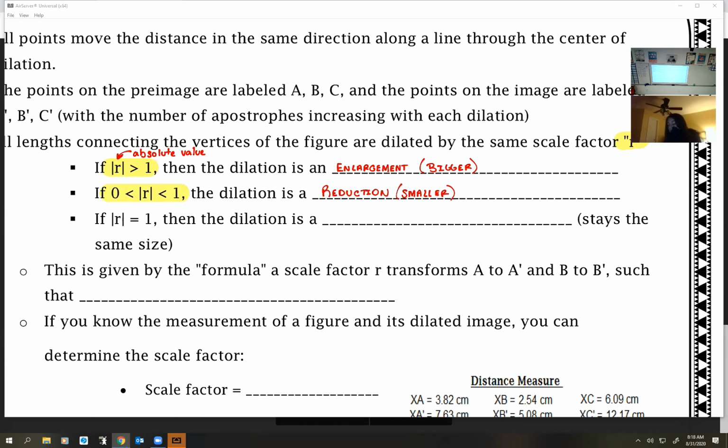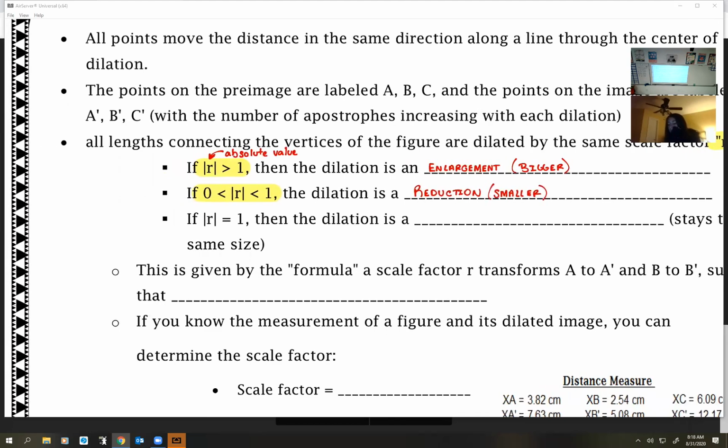And finally, just because they want to mess with us, if the absolute value of R is equal to 1, it's going to be congruent. So it's a congruent transformation. They may just be trying to flip it for us.